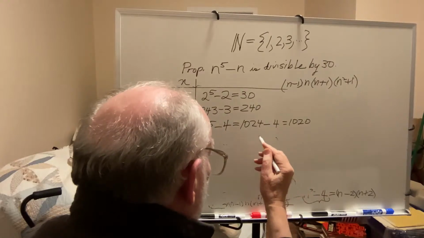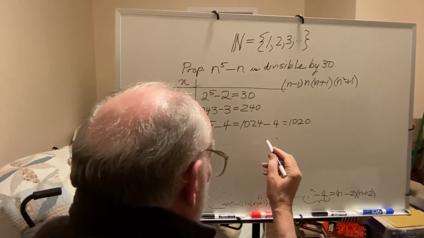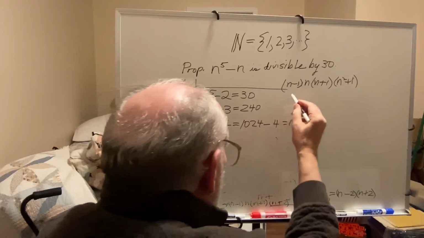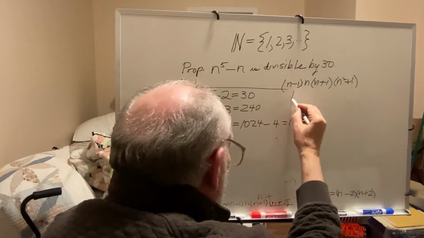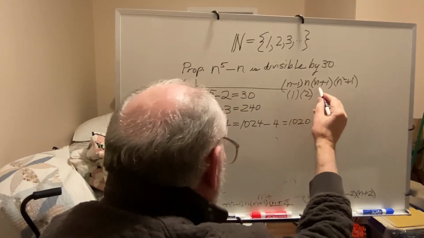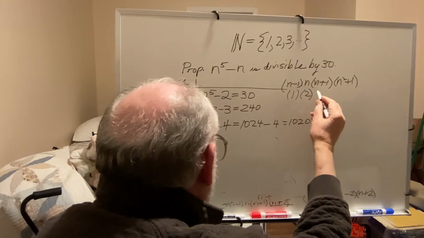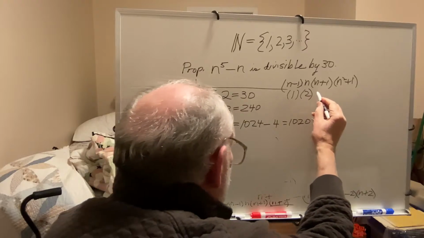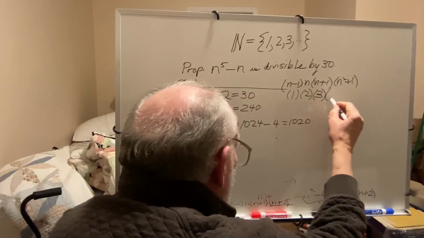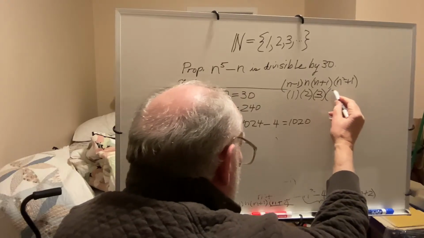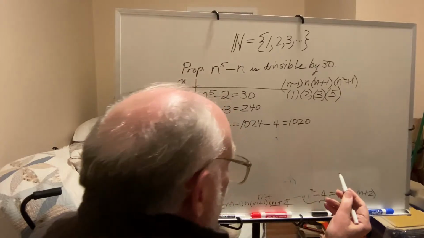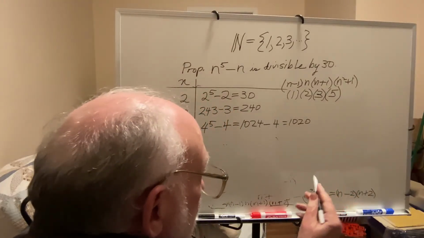When we put a 2 in here, we get 1, 2, n plus 1 is 3, and n squared plus 1 is 5. So there you have it.